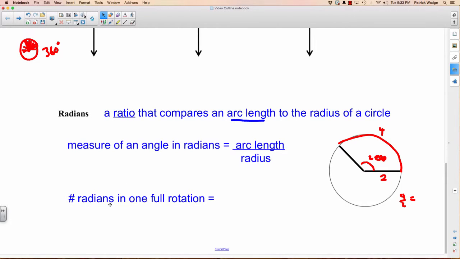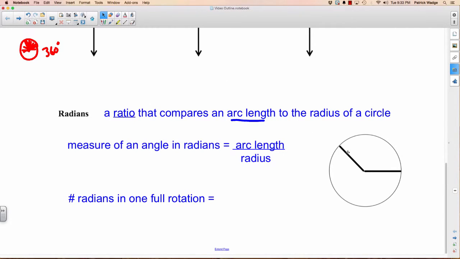So now, how many radians are in one full rotation? All the way around, right? When we talk about degrees, there's 360 degrees when you go all the way around. So how many radians are there when you go all the way around? Well, in order to figure that out, what's the arc length we'd need to consider? We'd want to look at the arc length which goes all the way around.